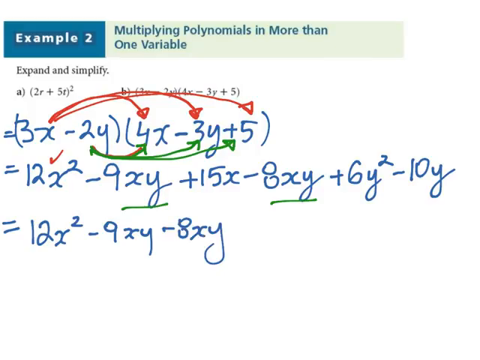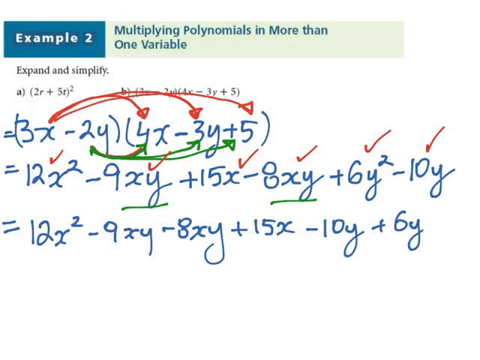So we'll give ourselves a little check for those two. Then let's bring the 15x. A little check for yourself. And negative 10y. And the 6y squared. Order for us now doesn't matter. Later on you're going to learn the specific order for this polynomial expression.